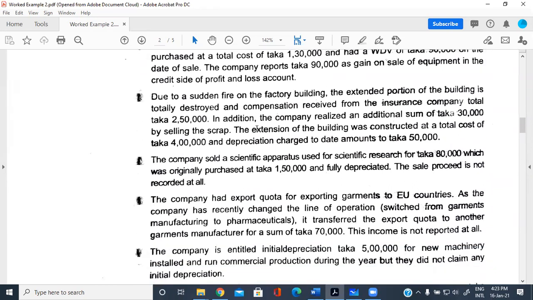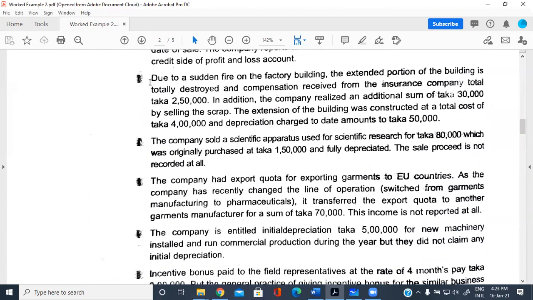Due to a sudden fire on the factory building, the extended portion of the building is totally destroyed, and the compensation received from the insurance company is total taka how much? 250,000. In addition, the company realized an additional sum of taka 30,000 by selling the scrap. So how much has the company received in total? 280,000.